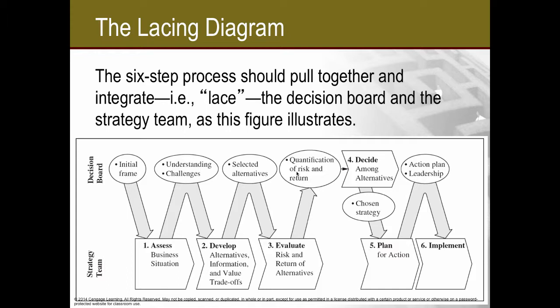Then again, understanding and providing challenges to the business team when they are doing the development. Also, providing different alternatives, information and values, and trade-offs is what this strategy team provides in the development phase.